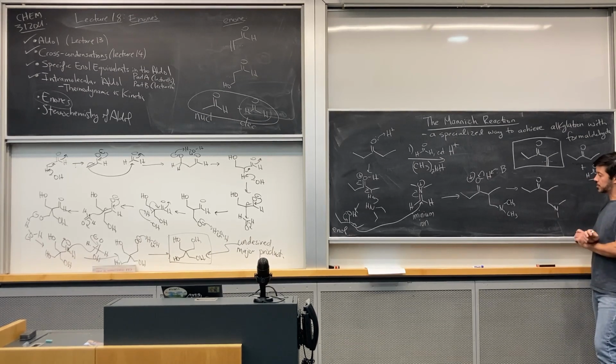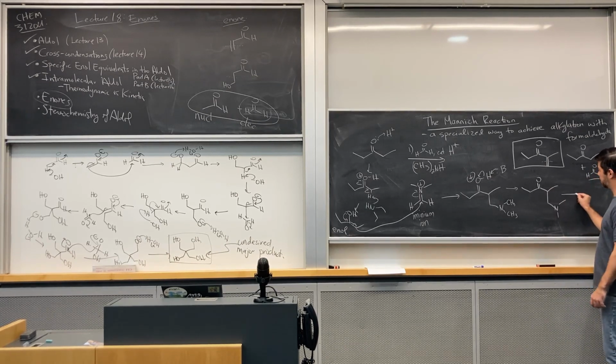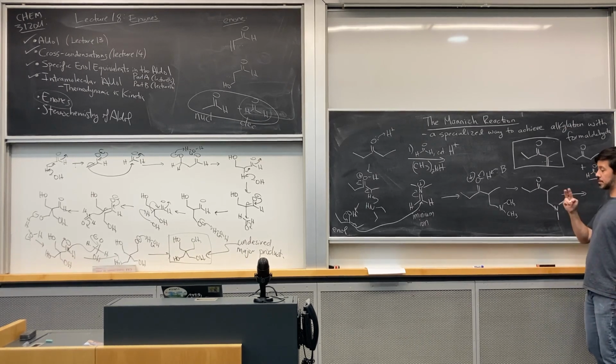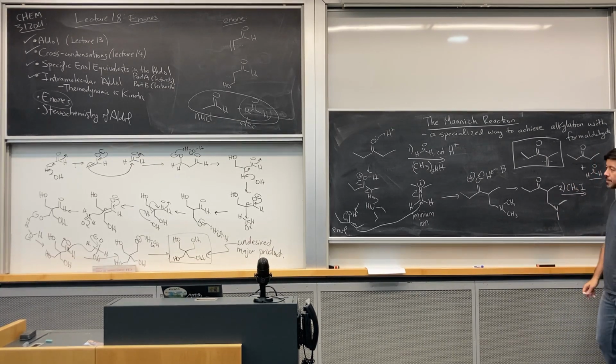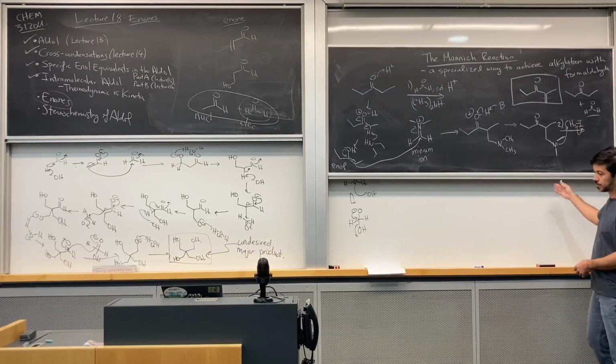So what we do to prevent that from happening is that in a second step, we actually treat this with methyl iodide. Methyl iodide is very much attracted to nucleophiles, and your best nucleophile is on the nitrogen. So this will react via simple SN2. I'll continue the reaction right on this whiteboard.